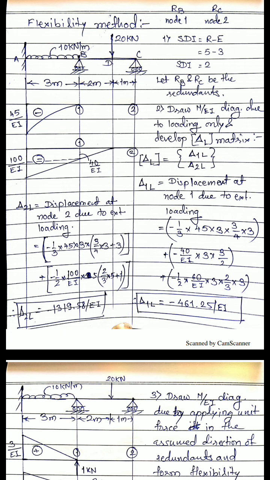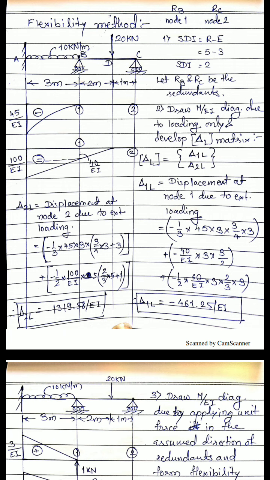See here, the delta L matrix is nothing but a column matrix depending on the number of redundants. Here two redundants are there, so this will be a column matrix having two elements, delta 1L and delta 2L. What is meant by delta 1L and delta 2L? Here delta 1 stands for the node, and L stands for loading.